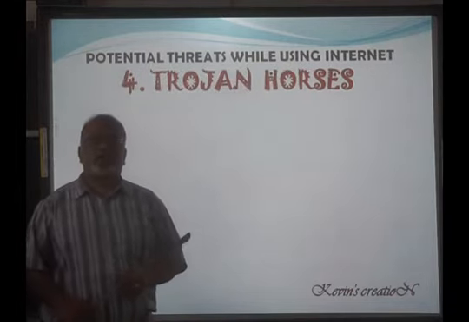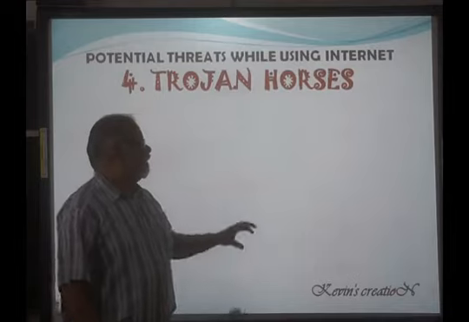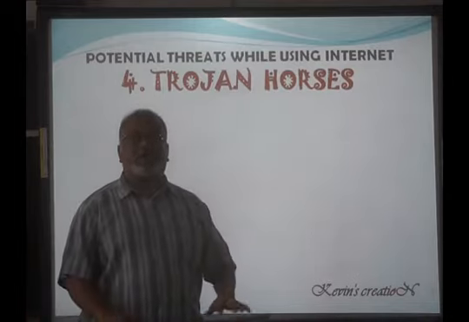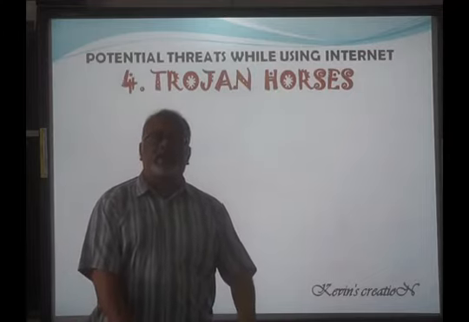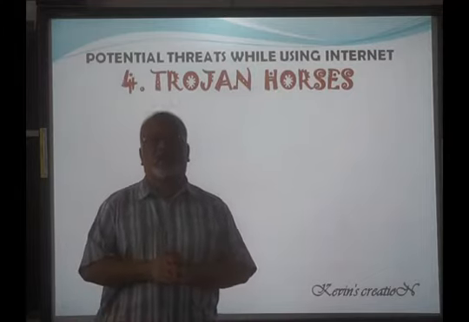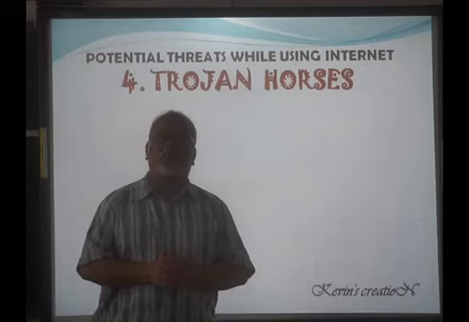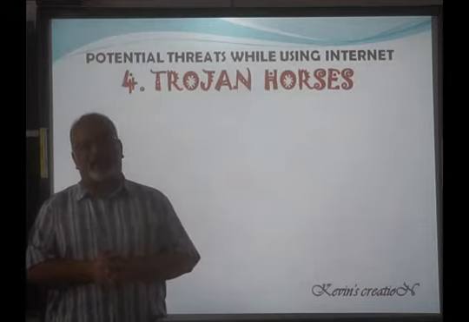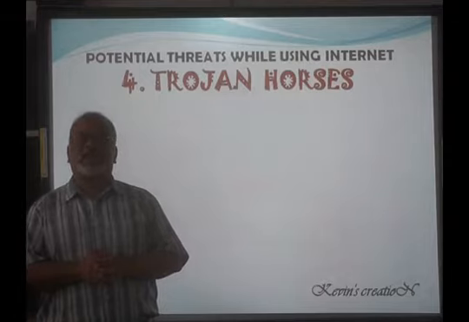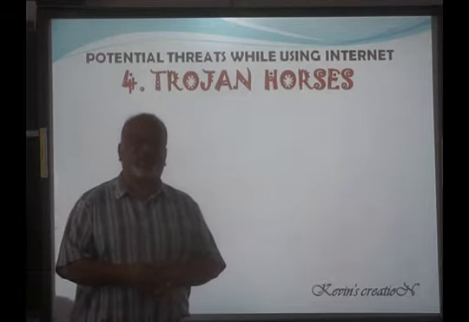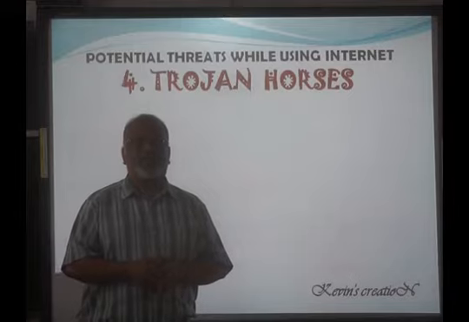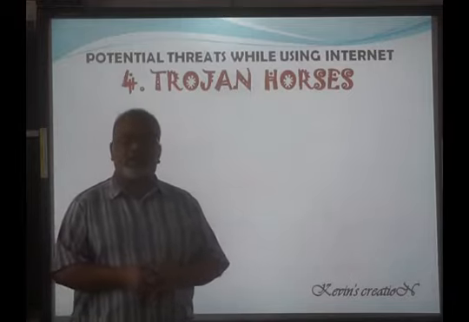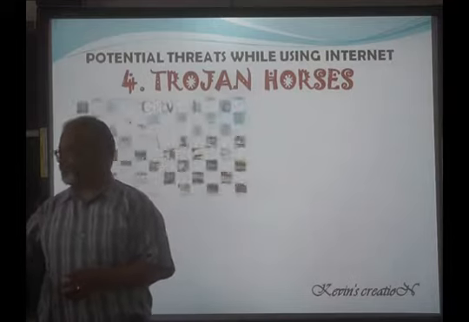Next one is the Trojan horse virus. But before I teach you about this particular virus, I'll tell you a short story about the Trojan horse. Long ago, there was a city or a kingdom, you can say, which was invincible. That means nobody could conquer this city of Troy.